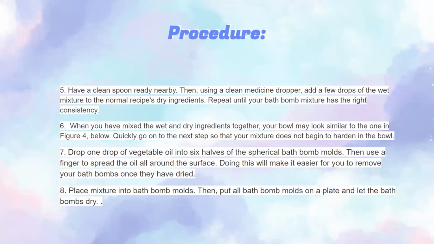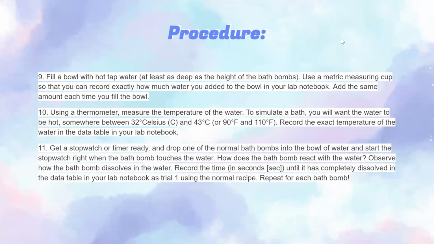We have to be very careful because we don't want the ingredients to react too soon. We place the mixture into molds and leave it overnight. Then we test the bath bombs by dropping them into warm water and seeing how long they react in the water.